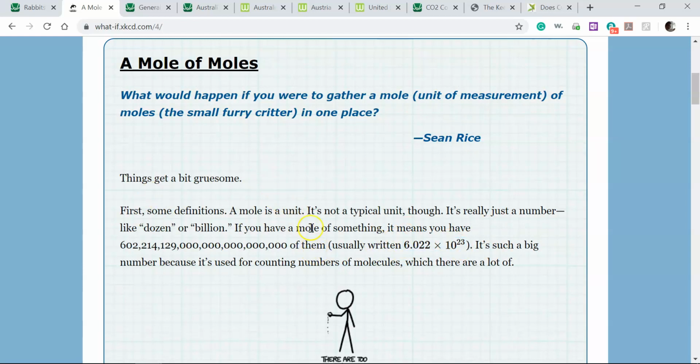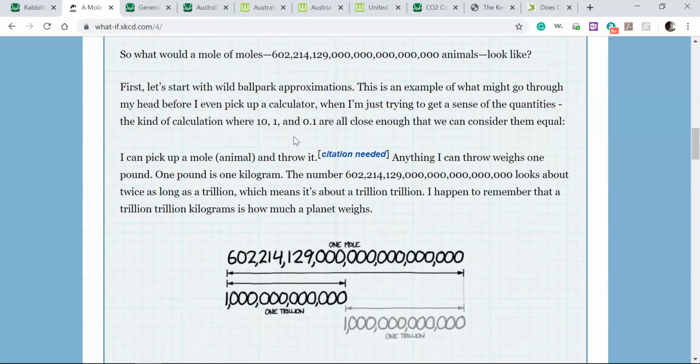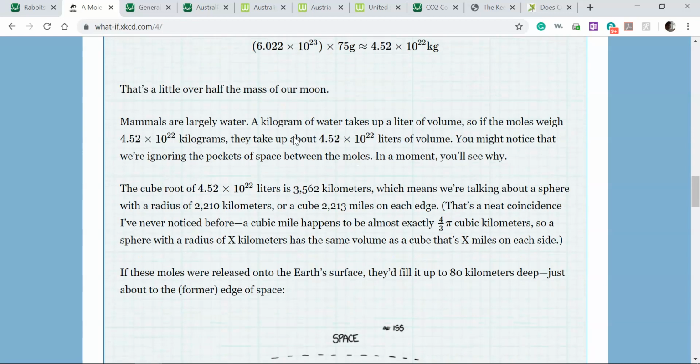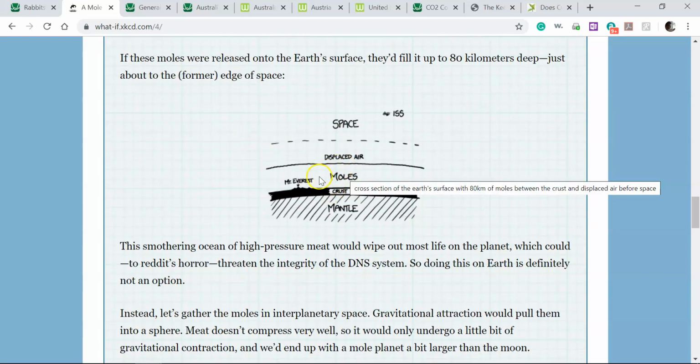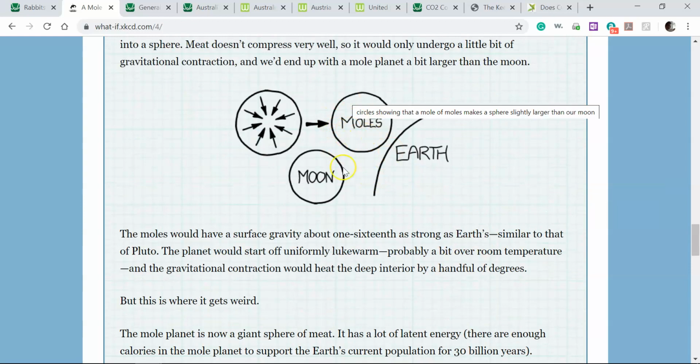What would happen if you had that many moles? And this guy, Randall Munroe, takes this to very ridiculous extremes. You end up with a layer of moles on the Earth that's 10 times as high as Mount Everest. And if you put them into outer space, it would be a little larger than the moon.